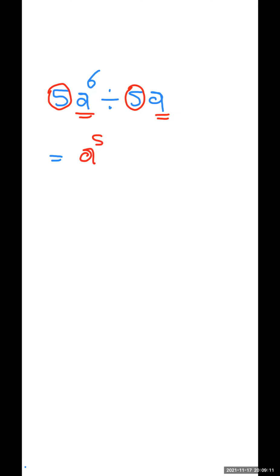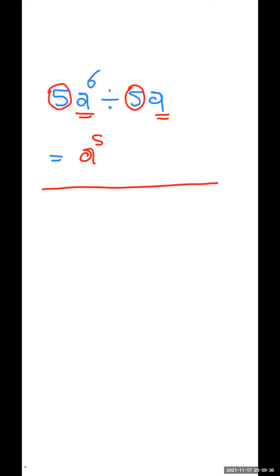Why? Because by default, guys, we said that if it's x, this means it's 1x. If it's a, it's 1a. If it's a to the power 5, it's 1a to the power 5. That's why I didn't write the coefficient 1, okay? So 5a to the power 6 divided by 5a equals a to the power 5. That was the first point.